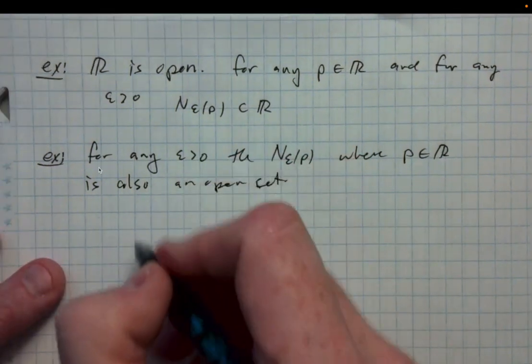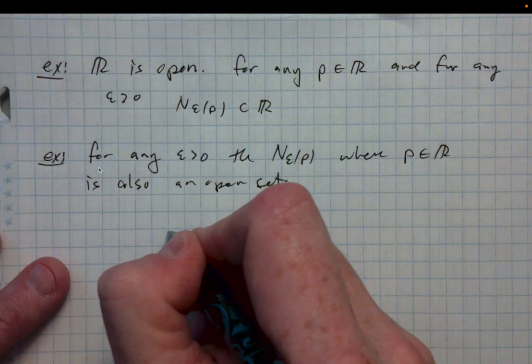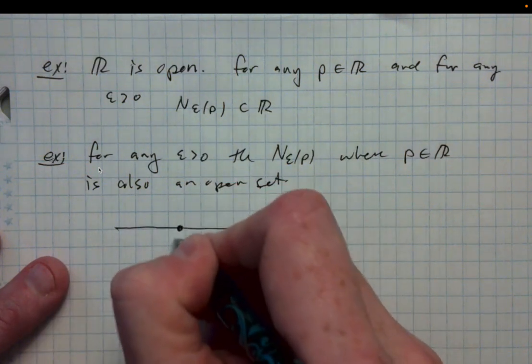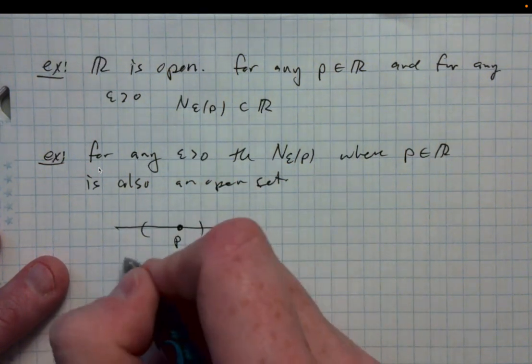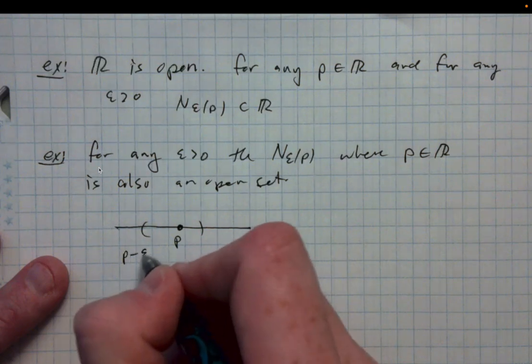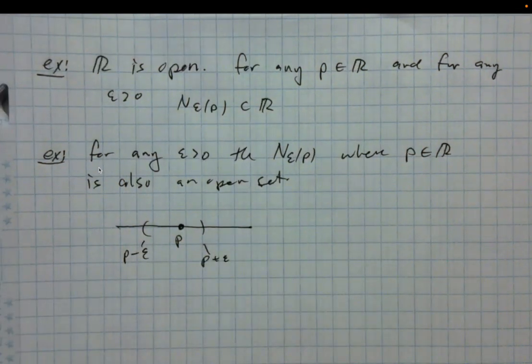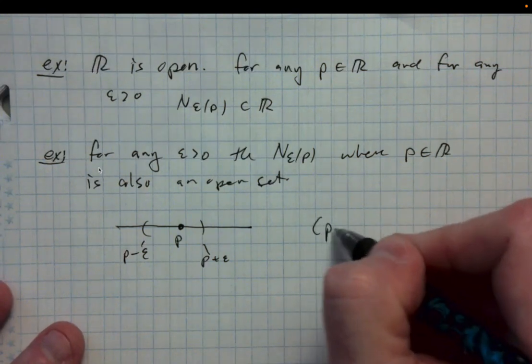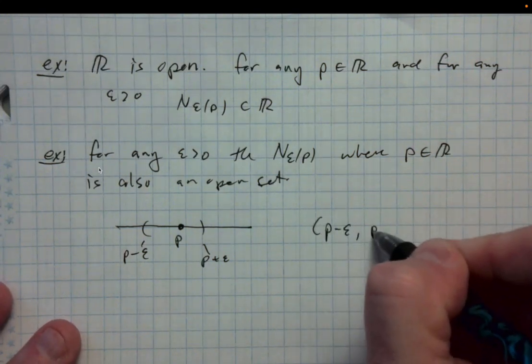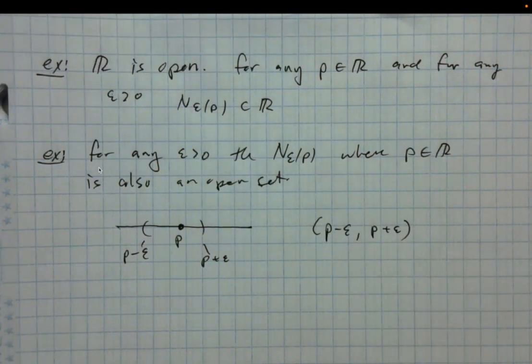Basically, if I've got a point P, then the set defined by the interval P minus epsilon up to P plus epsilon is an open set. That might be obvious because it's an open interval. It's just how that's defined, right? The epsilon neighborhood is defined as this.